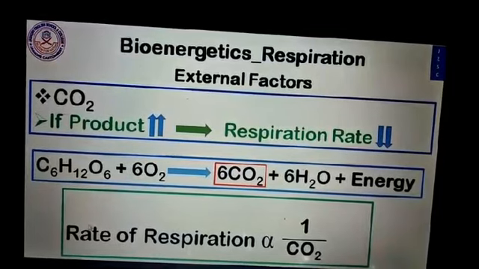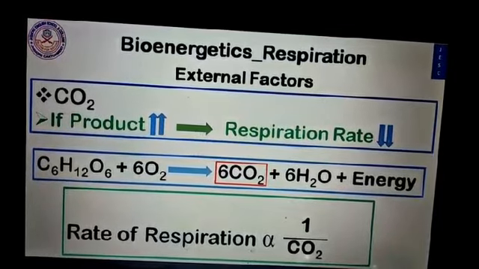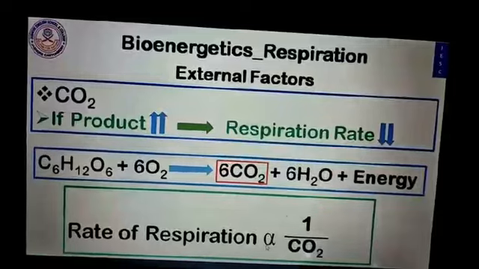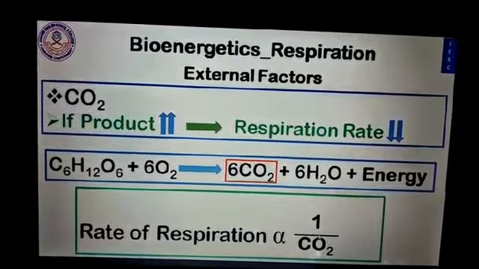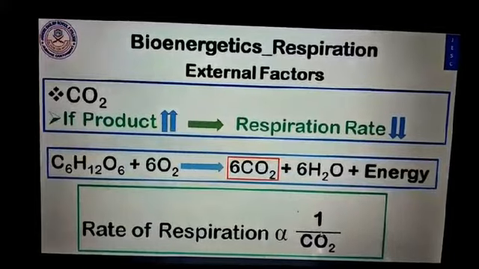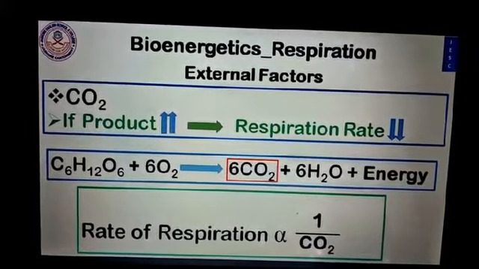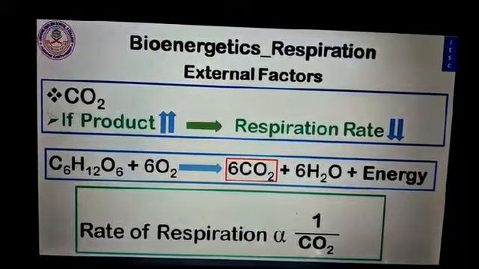So we can say like this: rate of respiration is directly proportional to, not directly proportional, because here 1 by means inversely proportional. So we can say rate of respiration is inversely proportional with the carbon dioxide.